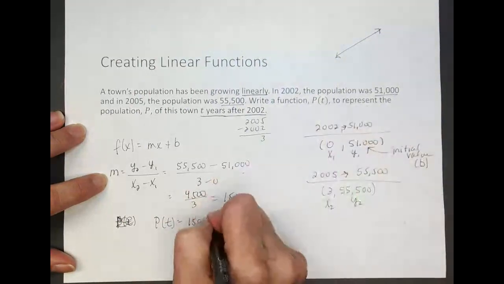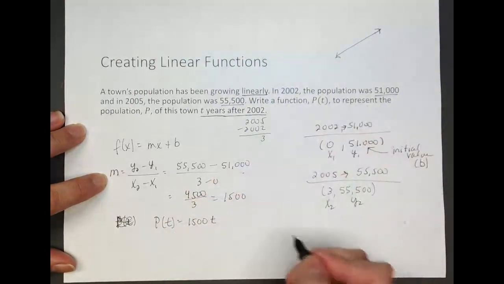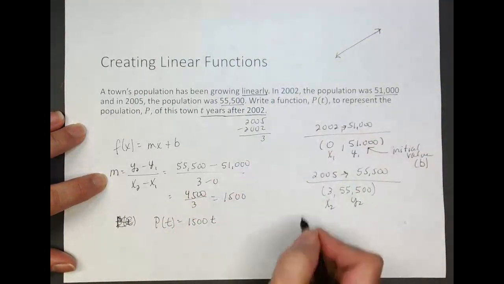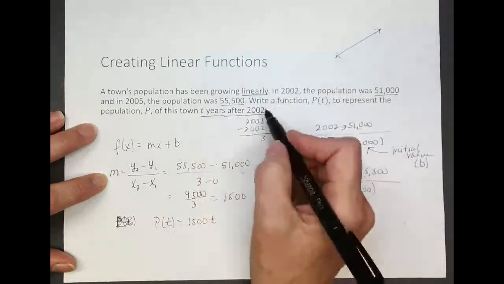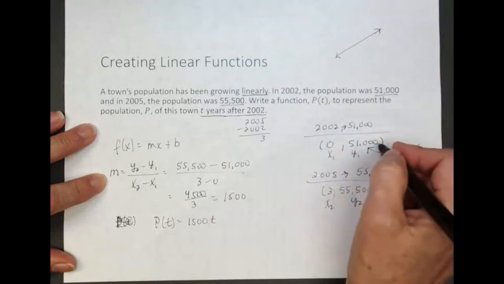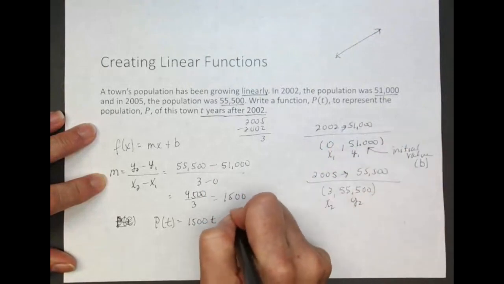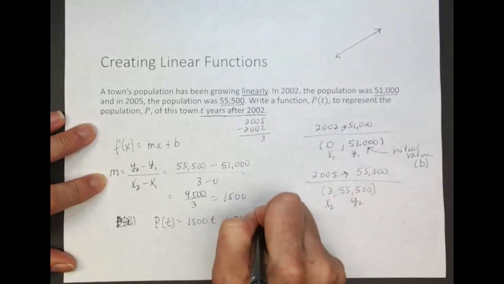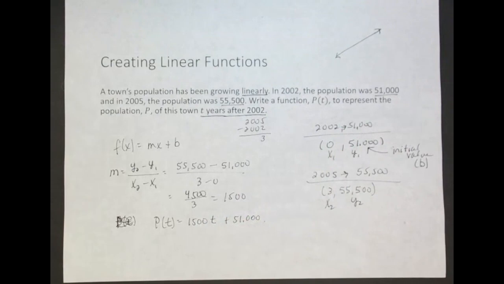We're using t as our input here, so 1,500 t, and then plus this initial value. Well, this model begins, according to this last phrase here, in the year 2002, so we want to say plus 51,000. Great. Well, that ends the lecture for section 2.1, linear functions.